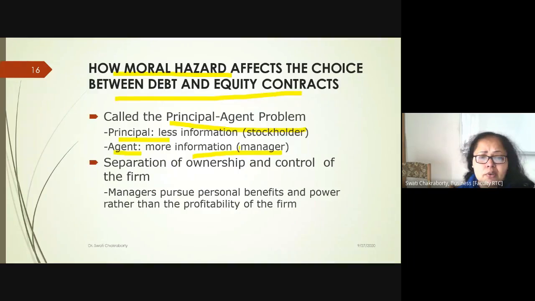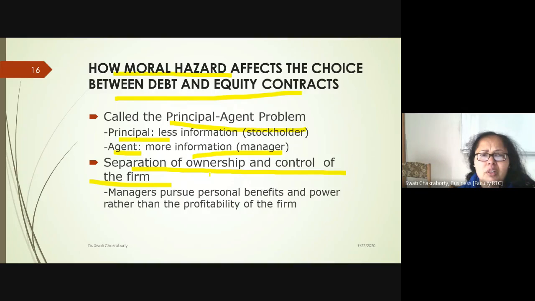Managers have more information and they do not share it with the stockholders. There is also something called separation of ownership and control of the firm, where managers pursue their own personal benefits and power rather than the profitability of the firm. They think only about themselves rather than the profit of the firm, which the stockholders would also get. So that's where things come up.